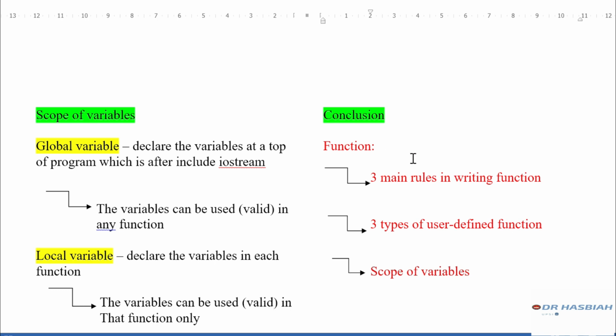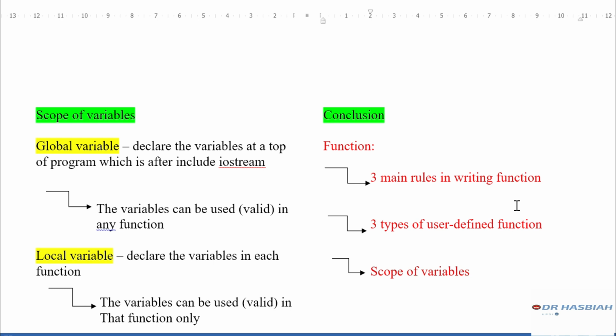So this is our conclusion. In order to write function, you have to know the three main rules in writing function. The function declaration, you have to know how to declare the function, and then the function calling, you have to know how to call the function, and then the third one, function definition, the detail of the function you have to do.